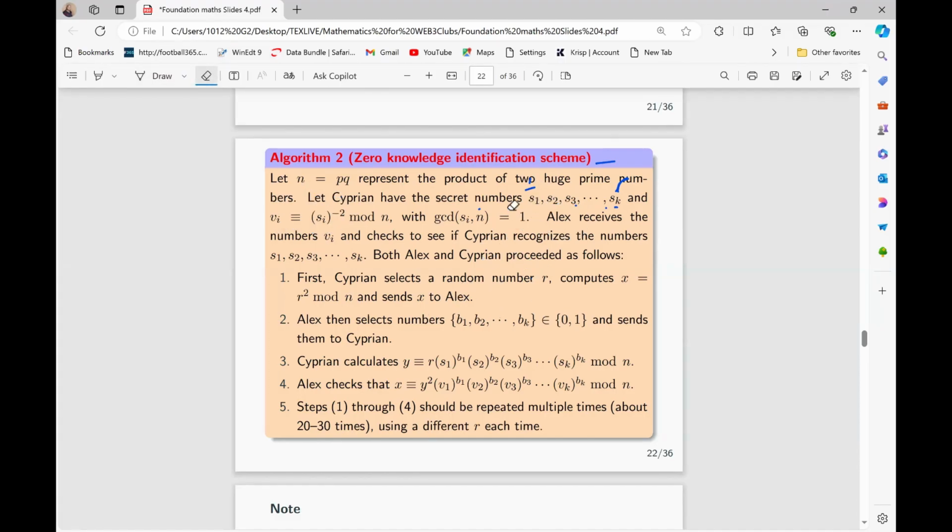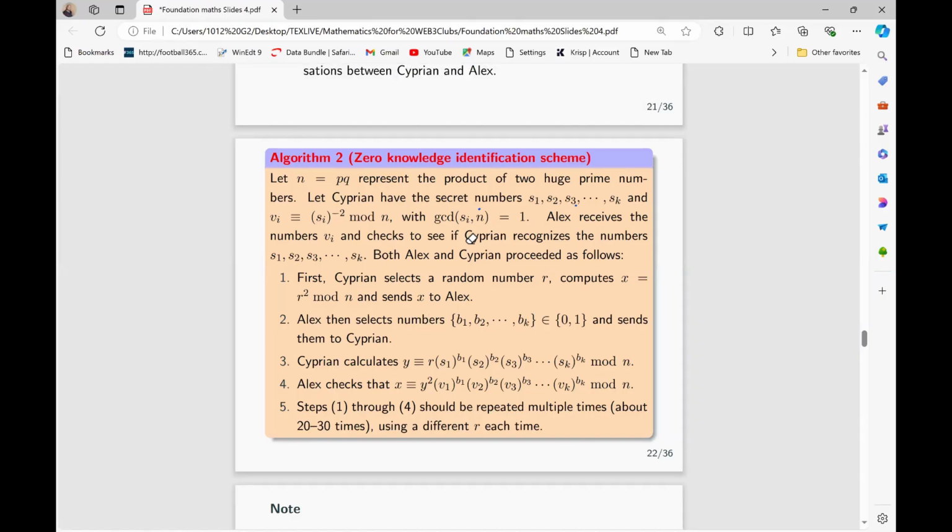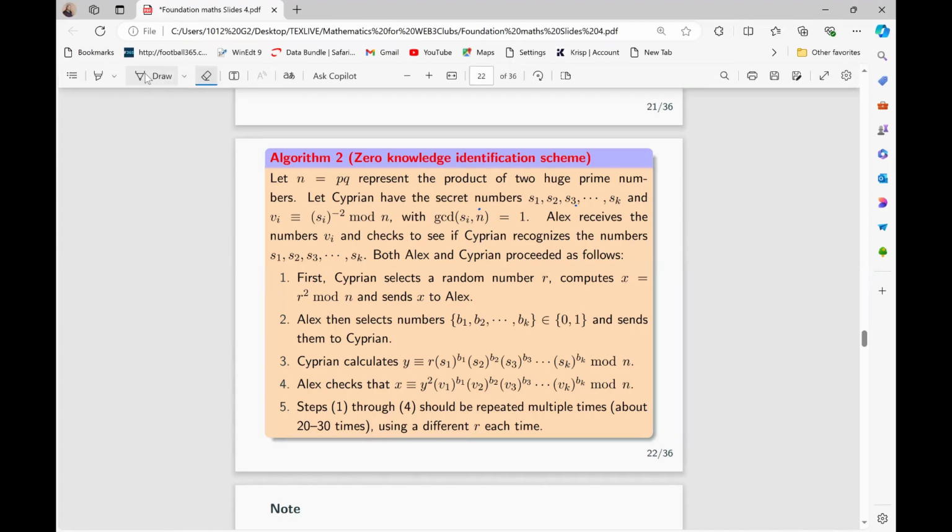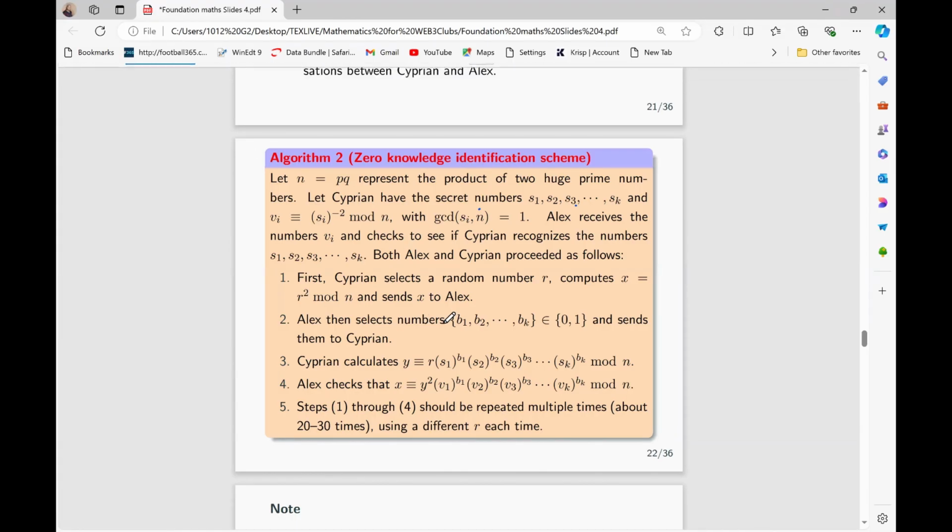Good. So the witness is S1, S2, S3 up to SK. Take these, I divide 1 by this, then you square the result. When you square the result, send it to Alex and claim that you know S1, S2, S3 up to SK.